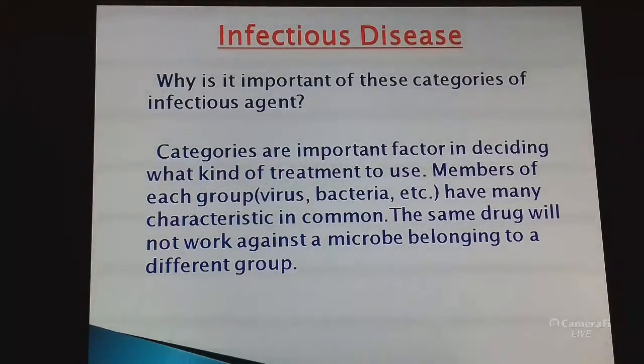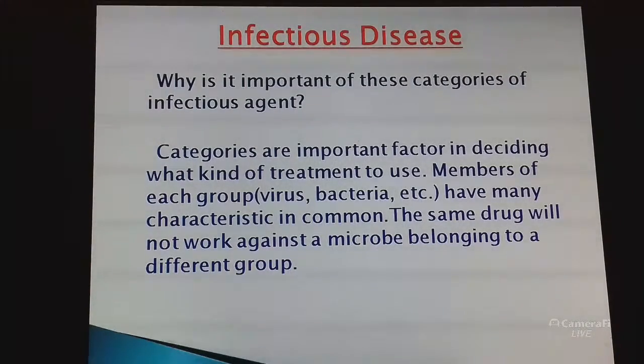As a result, a drug that blocks one of these biochemical mechanisms in one group, for example the bacteria group, will be effective against many other members of that group, but the same drug will not work against a different group.